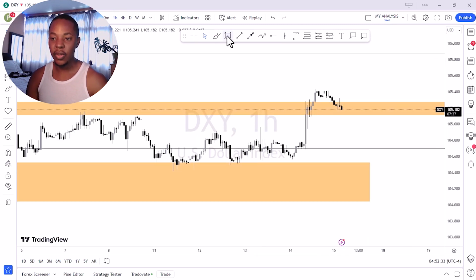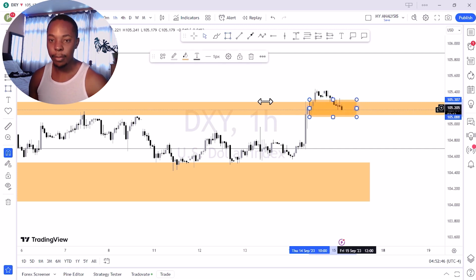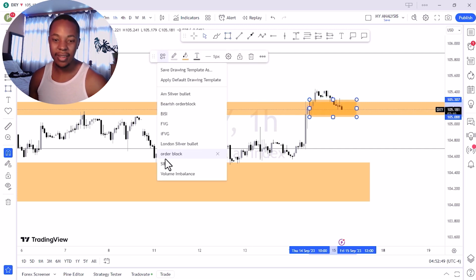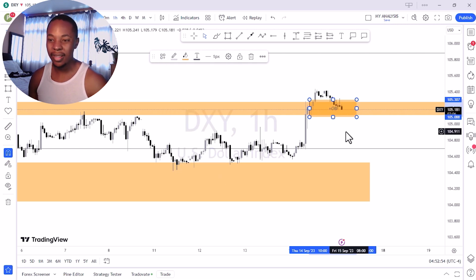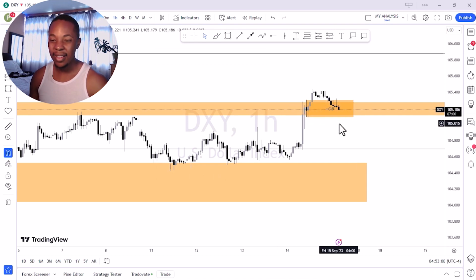As you can see, we also have this order block there. We have that order block, and this is a bullish order block. If price closes below this order block, it might be taken as a breaker block.